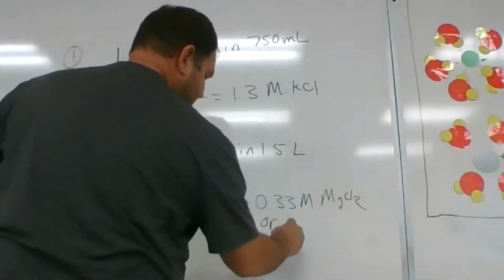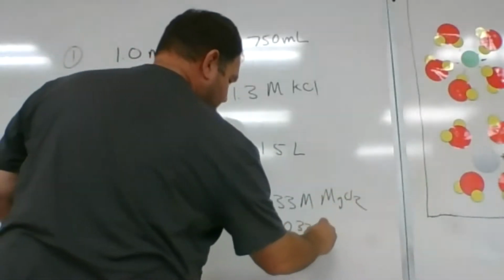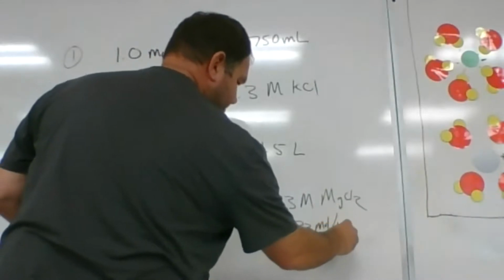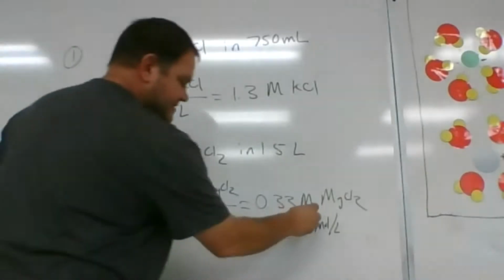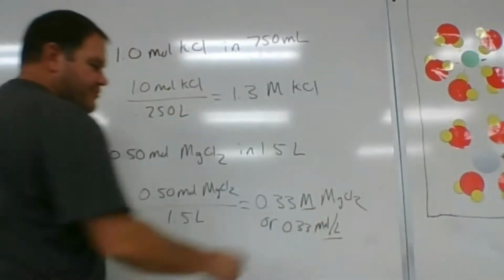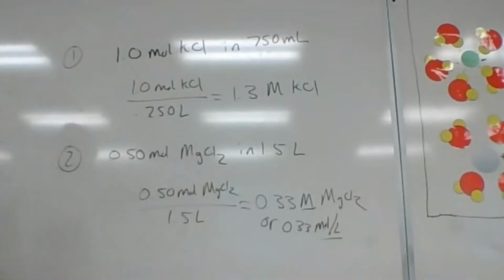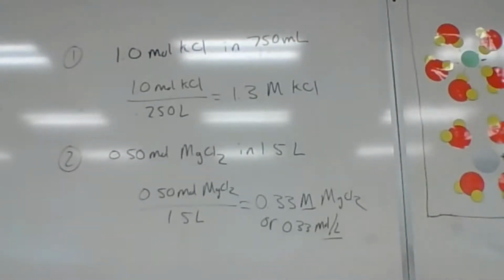Or I could look at it as 0.33 moles per liter of magnesium chloride. I can write the units either way, moles per liter or molarity, and you're going to see it written either way, so make sure you're aware of that, okay? All right, so that's problem number 1 and number 2.